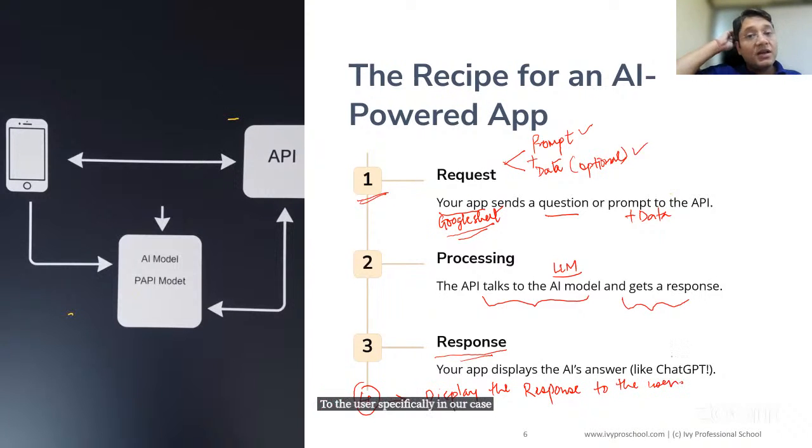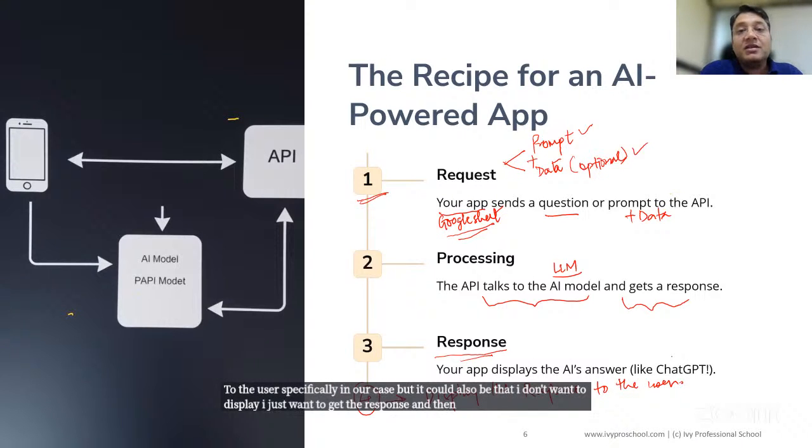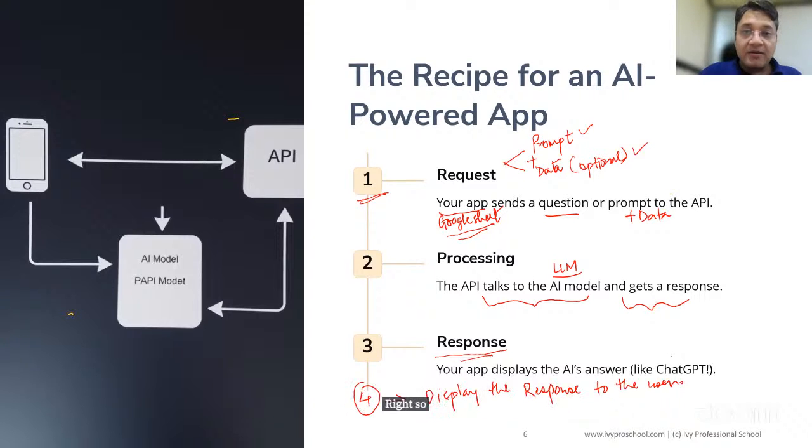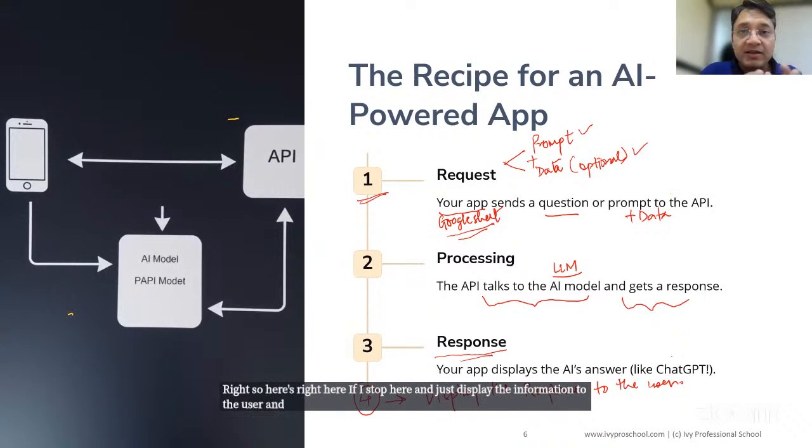But it could also be that I don't want to display. I just want to get the response and then maybe take some other action. You might have heard of something called AI agents, right? So here, if I stop here and just display the information to the user and that's it, if my app only does that much, then it would be a general AI app.